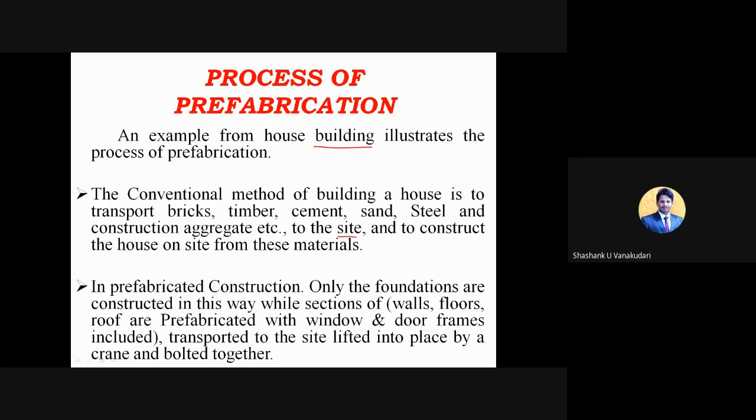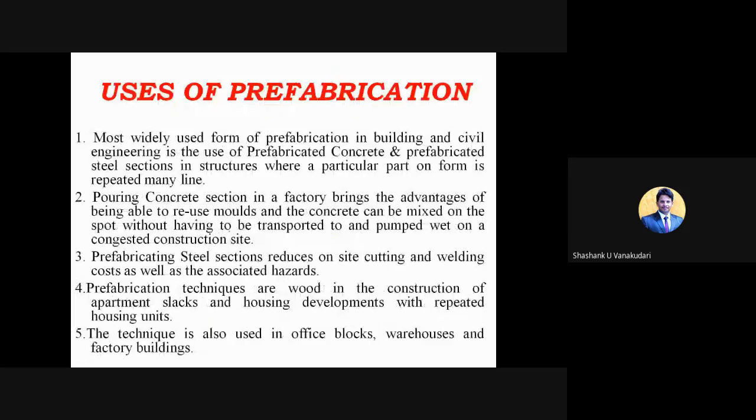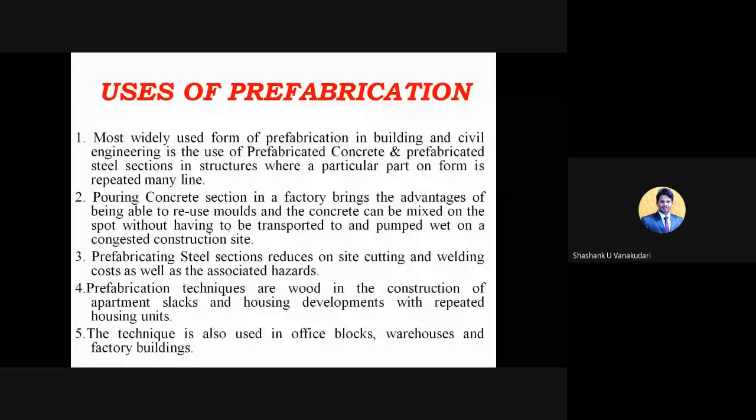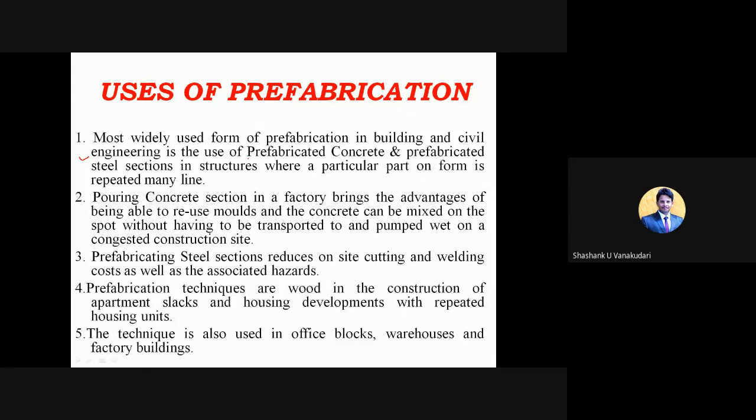And then, which are the main uses of this prefabrication? Here you can see the first point: the most widely used form of prefabrication in building and civil engineering is prefabricated concrete and prefabricated steel sections. Prefabrication concepts we can especially apply to concrete structures as well as steel sections or steel structures.